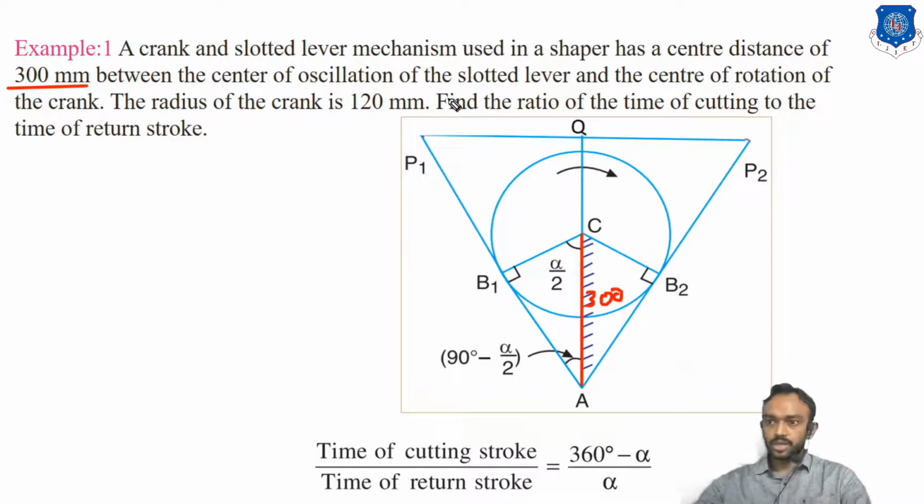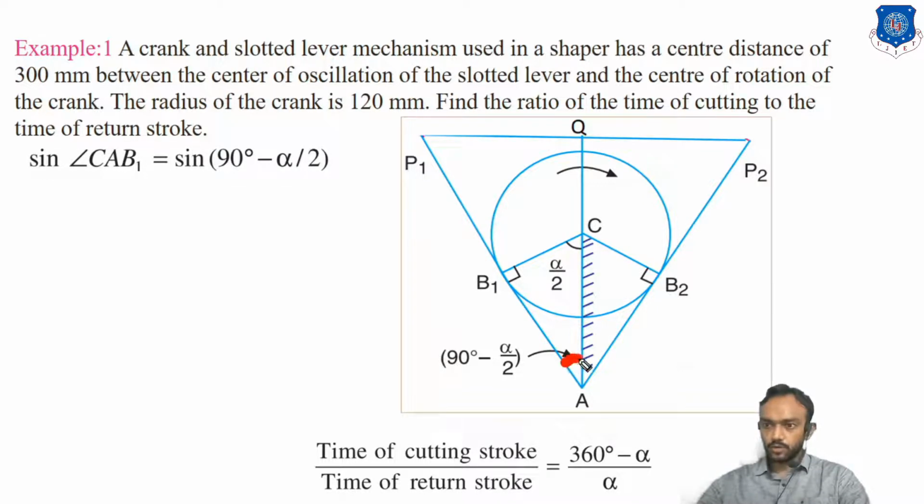What other data is given? You can see the crank, radius 120. Let's start. First of all, you can see this angle is already known, because this angle is alpha and this angle is 90.